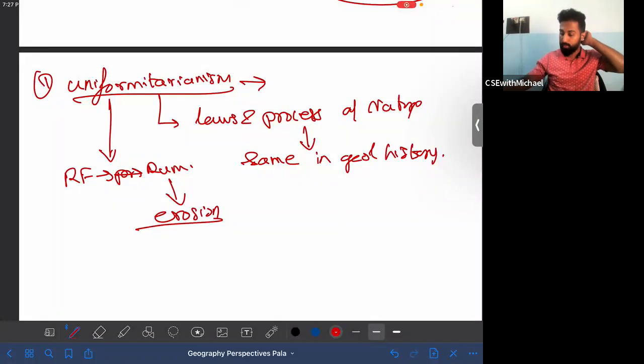We'll just write a few words. The principle of uniformitarianism was given by geomorphology. That was a foundation principle for geomorphological studies.